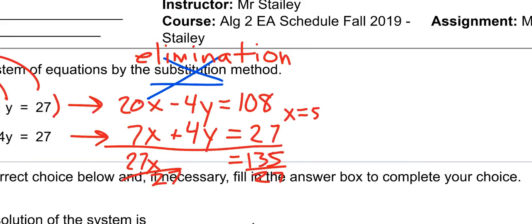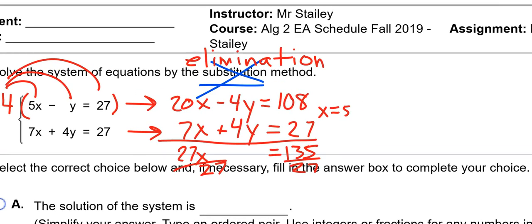Okay. If x is equal to 5, how do I find y that goes with it? Do you have a preference on which equation I pick? Top one, excellent choice. I think because the y is alone. That would be the only reason that I could give you to do that. Otherwise, I'd have no real preference.